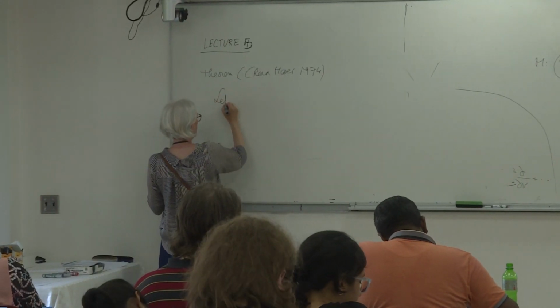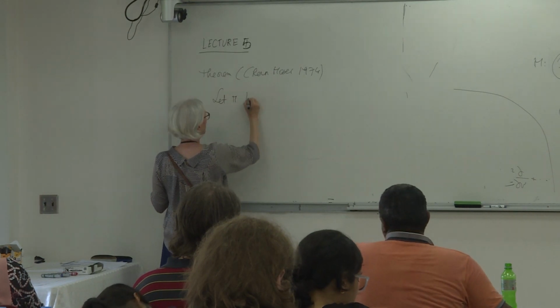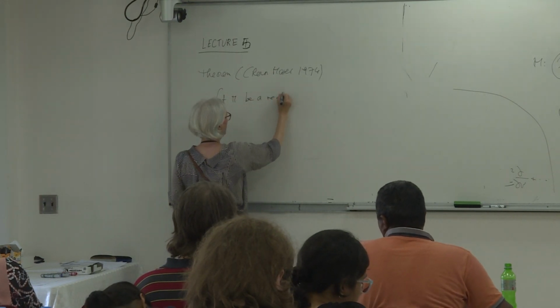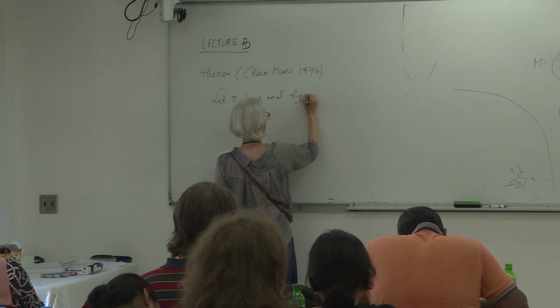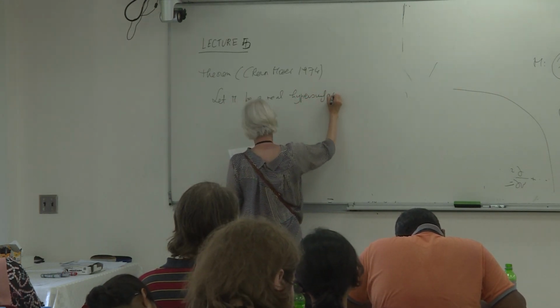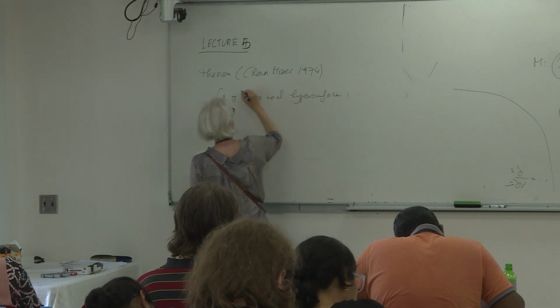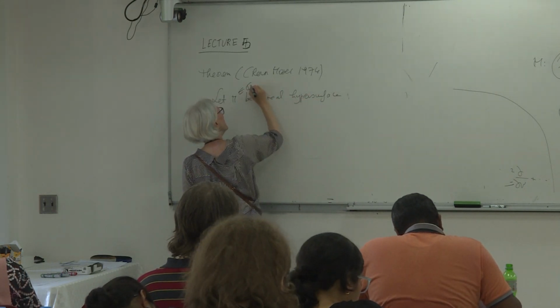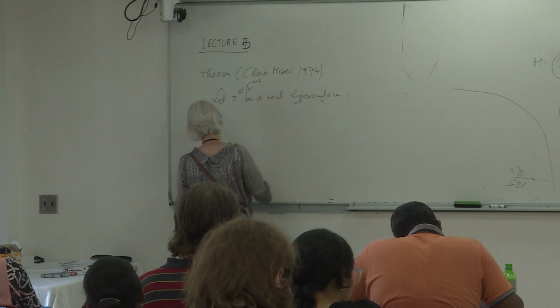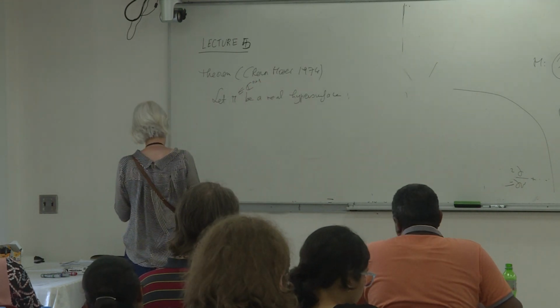So let M be a real hypersurface, M sitting in C^N. Capital N will always be n plus 1 because we have just one equation.